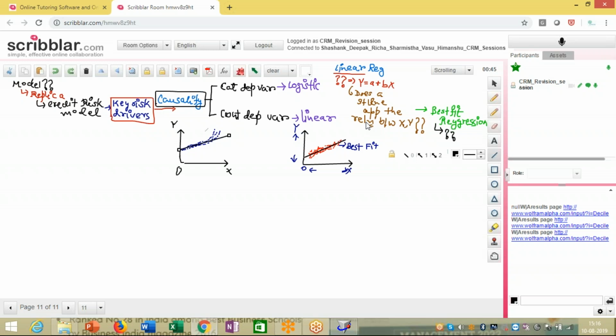When you are trying to say this is what the fit is and this is what the fit is not, that is where you need to define your goodness of fit, right? And when you are talking about goodness of fit, what you are trying to say is how well the given equation can approximate the relationship displayed by the observed values of x and y, right?